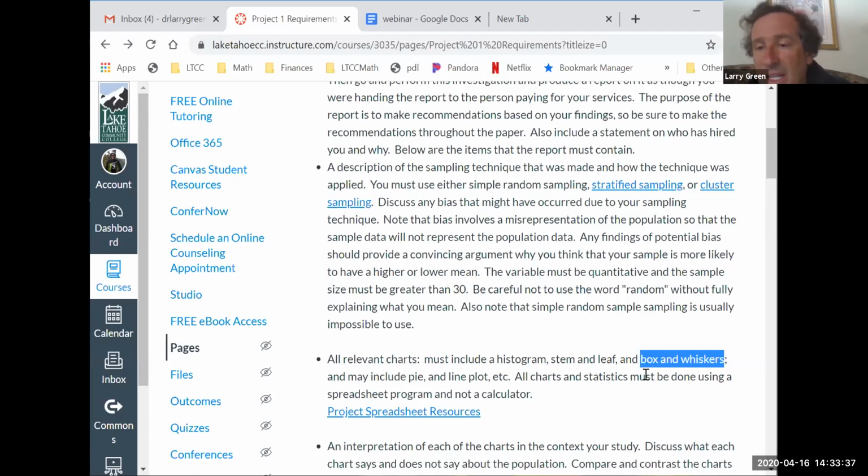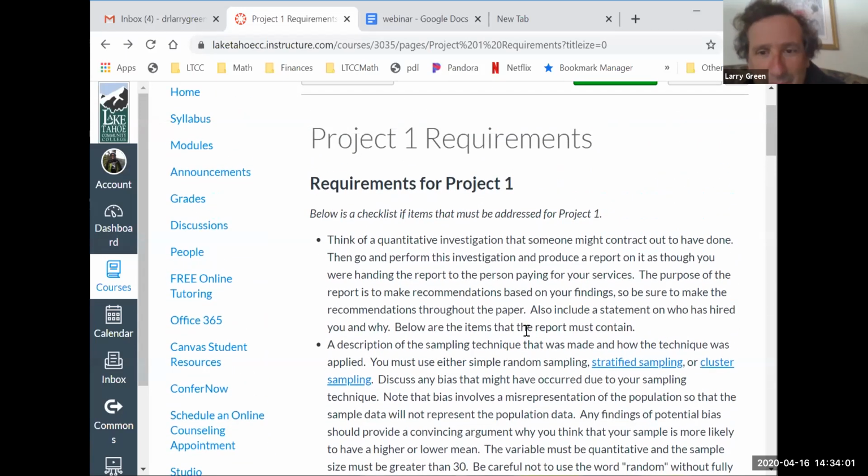It's not pure convenience sampling because it's stratified sampling by gender. Does that make sense? Again, it could be gender, ethnicity, race, all kinds of things you can stratify by. Or you could cluster sample. Cluster might be a little hard on this one. There will be bias. Remember, I told you up here.